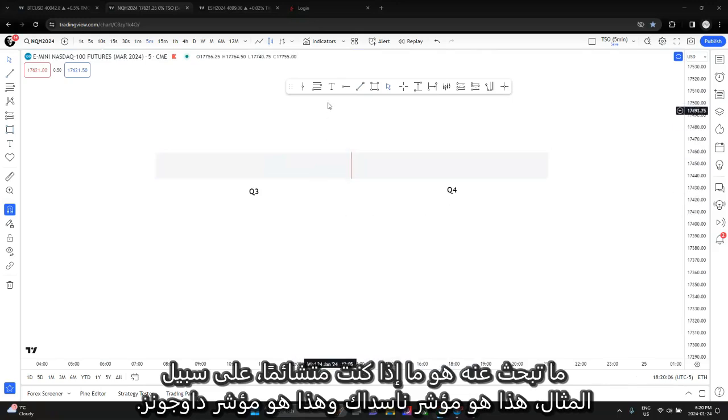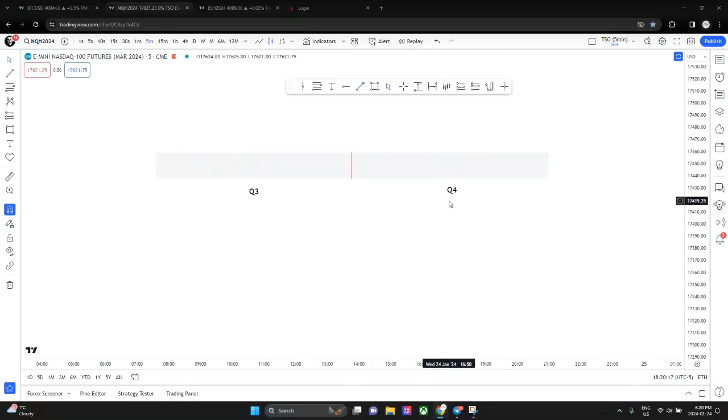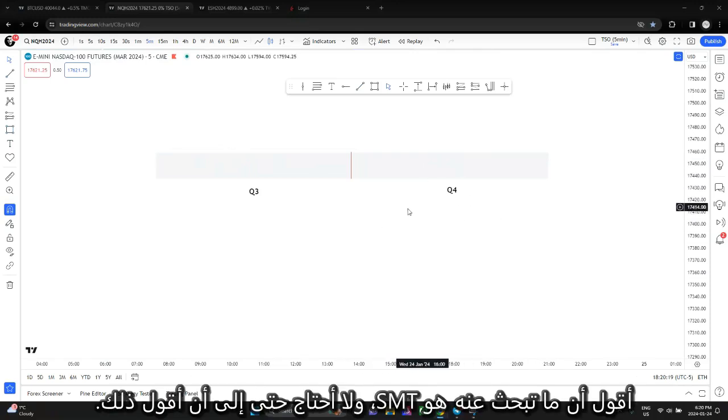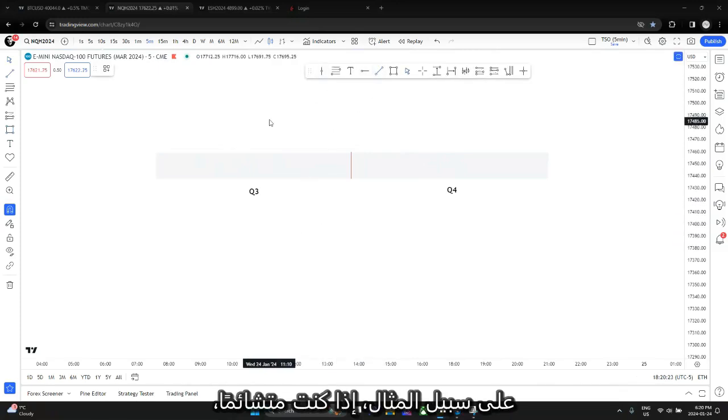What you're looking for is, if you're bearish, and say, for example, this is NQ and this is the Dow. No, what you're looking for is SMT. I don't even have to say that.